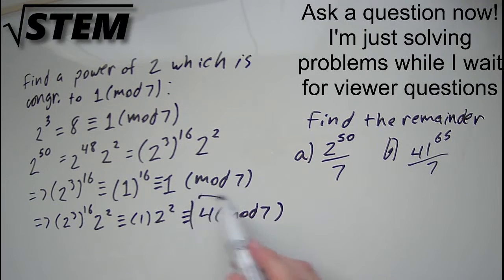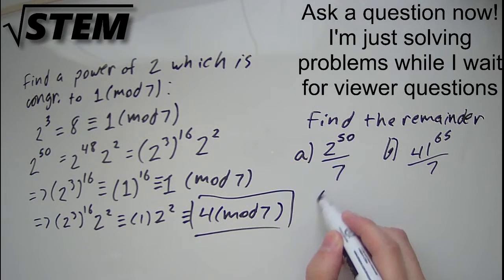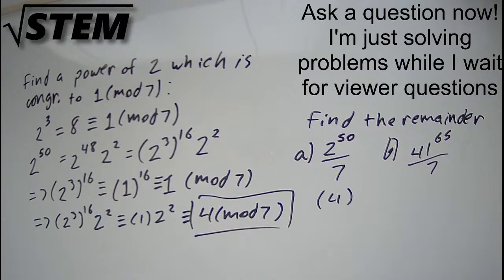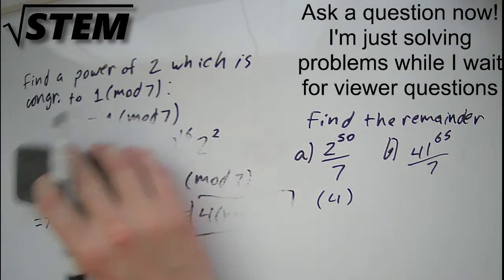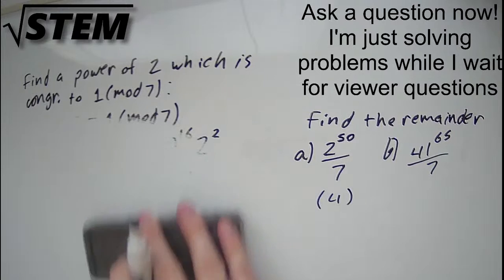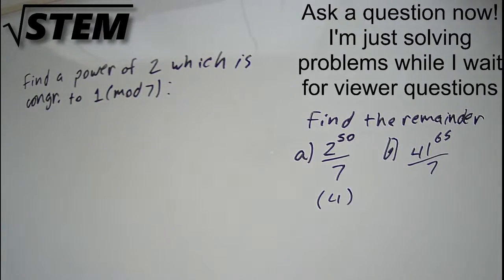So that is the remainder of 2 to the 50th power when divided by 7. Okay. I'm sure those are some really good theorems if I could remember how they're stated, but I don't.